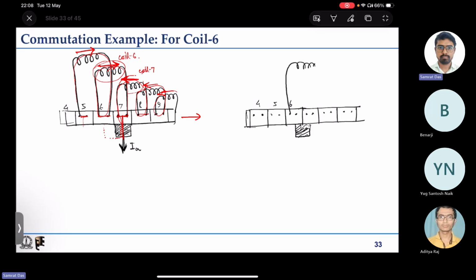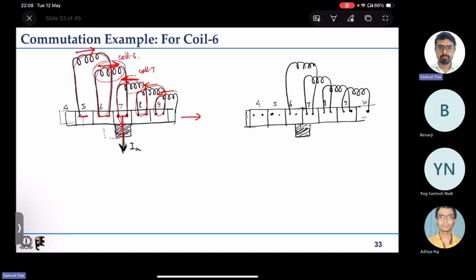Right, so the sixth one will be connected here, the seventh one, this is 7, 8, 9. So the seventh one will be coming here, the eighth one will be going there, the ninth one will be going there to the 10th one, right?